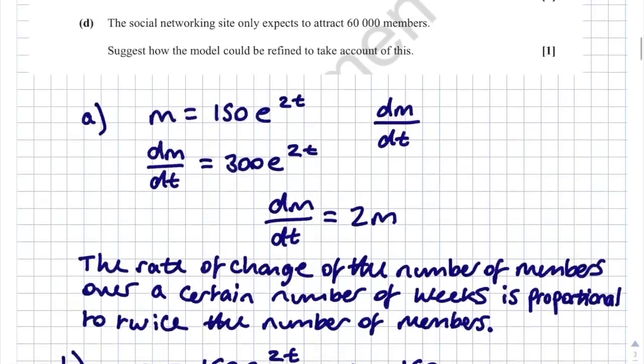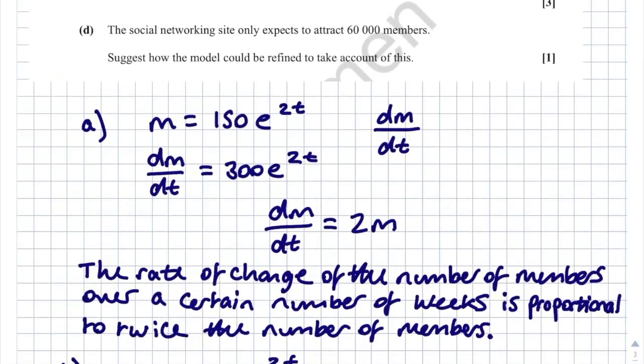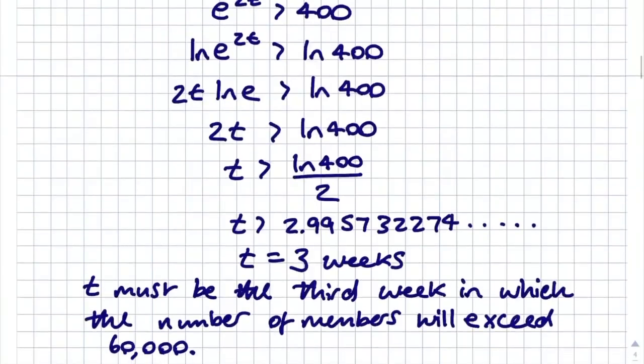Okay. And then part D says the social networking site only expects to attract 60,000 members. Suggest how the model could be refined to take account of this. So if the site only expects to attract 60,000 members, we need to put a restriction on the amount of time. In the previous question, we worked out that it takes 3 weeks to reach 60,000 members or more.